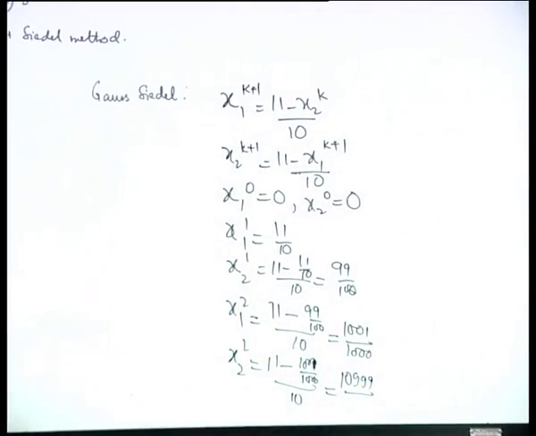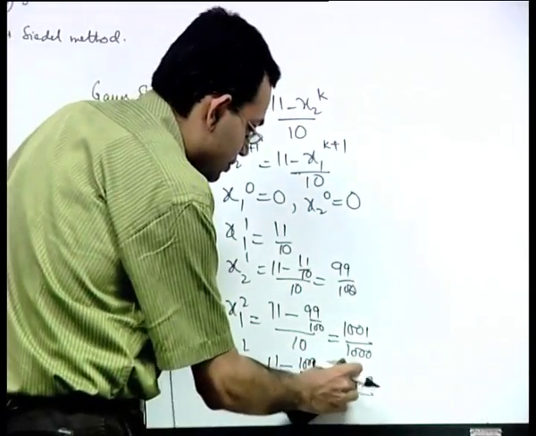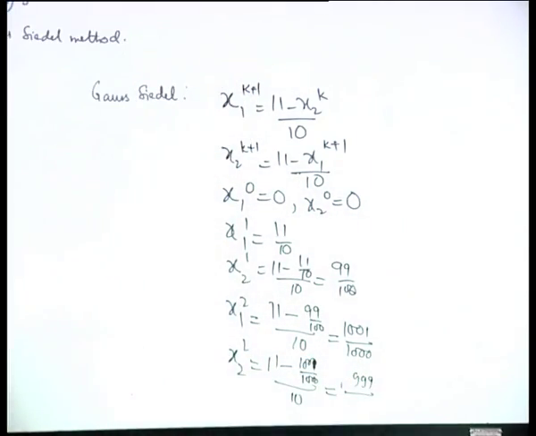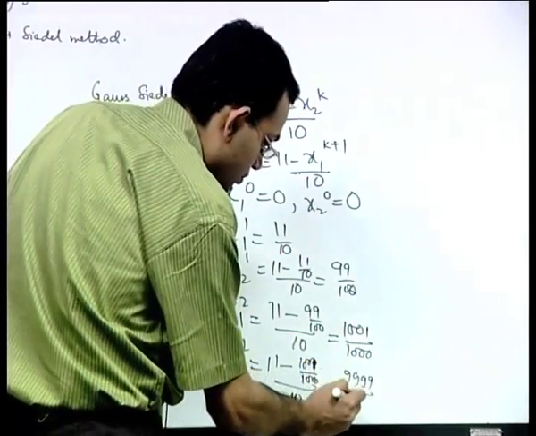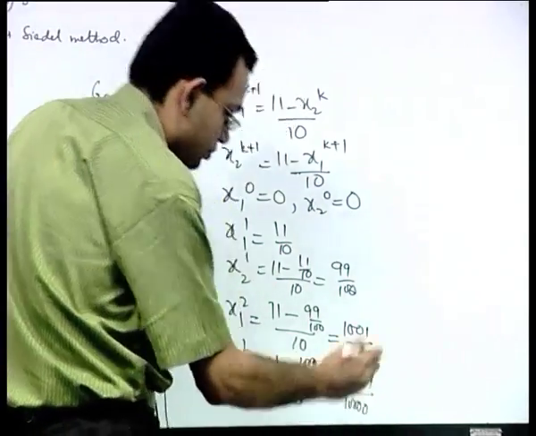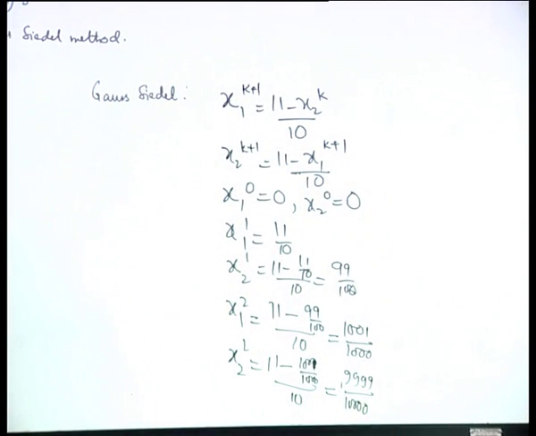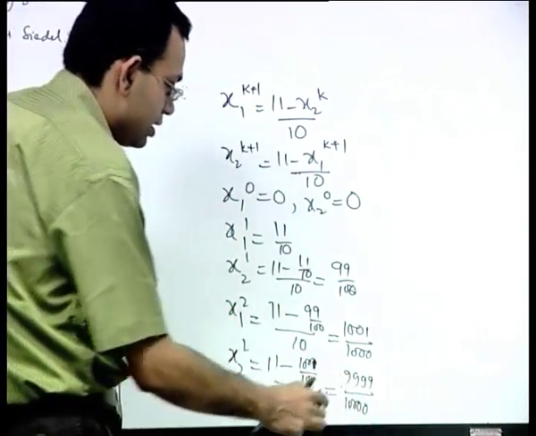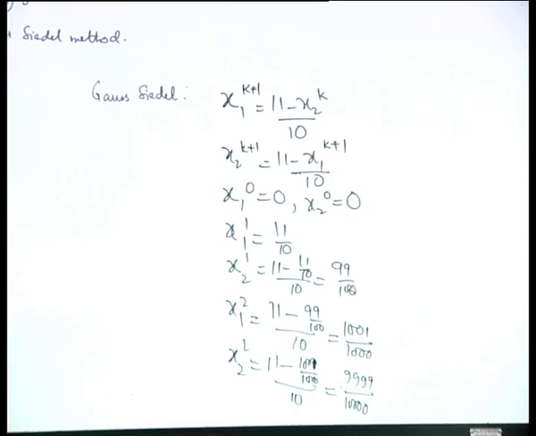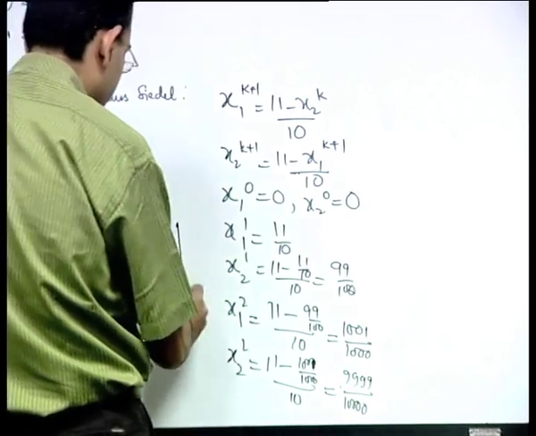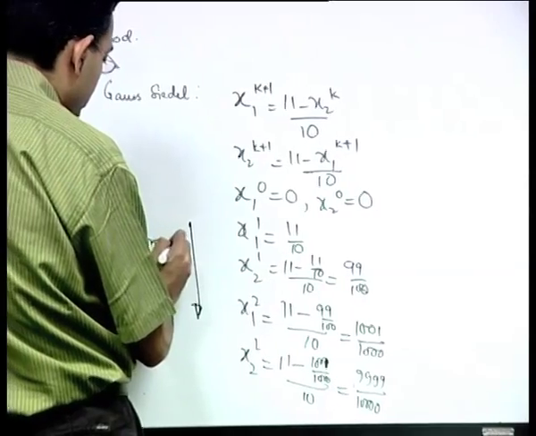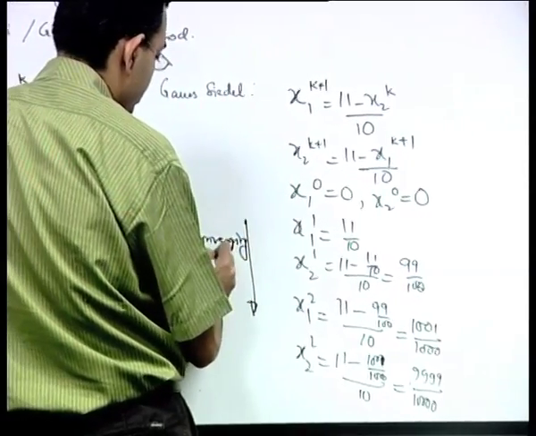No, no, no, 4 nines, right? By 10,000. So, what we can see from here is that this is also converging to 1 comma 1, but at a faster rate.